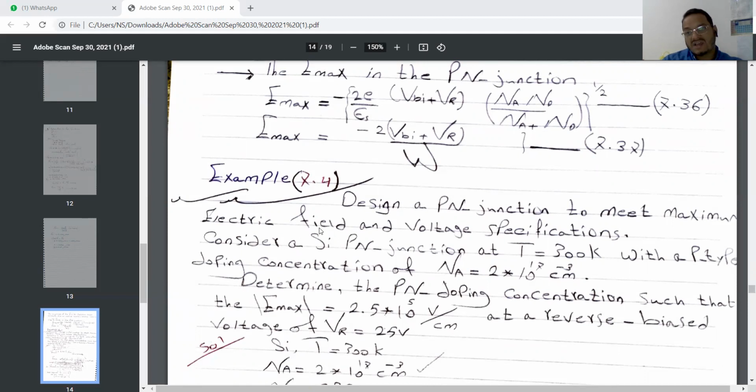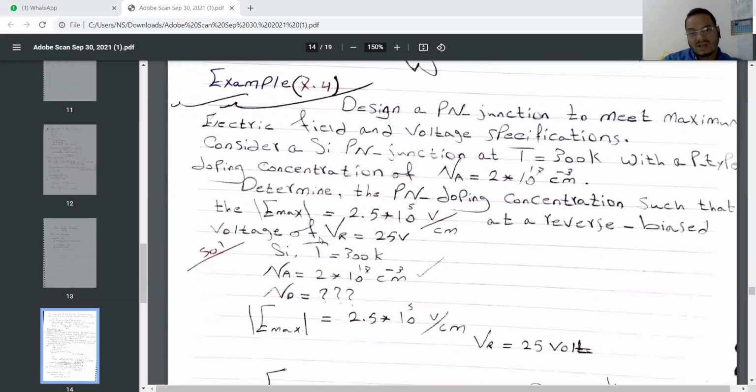Actually, this exercise is solved by the author. That means it's a solved example, but I try to solve it by writing more details.